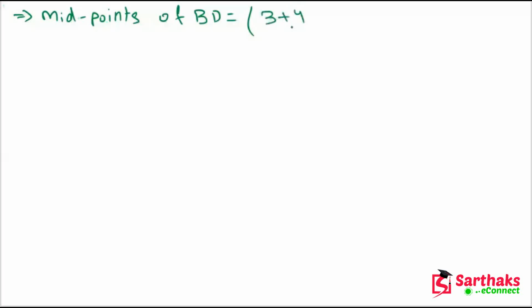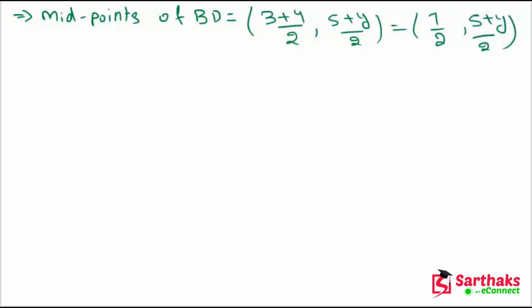So it will become 7 upon 2, comma 5 plus y divided by 2.